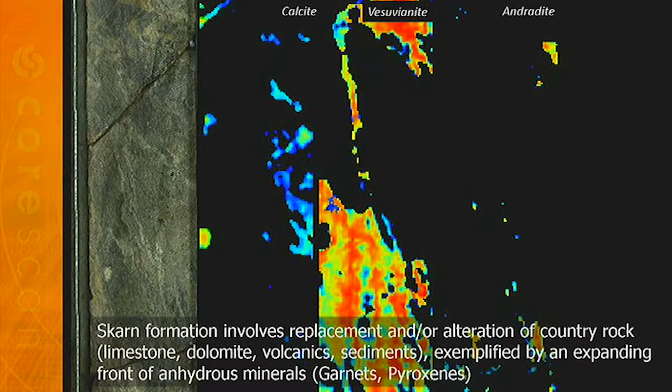And this is exemplified, and I'm going to make some very general statements here. Skarns can be really different from one another, but in general, we see an expanding front initially with heat of anhydrous minerals. This is where the garnets and the pyroxenes come in.